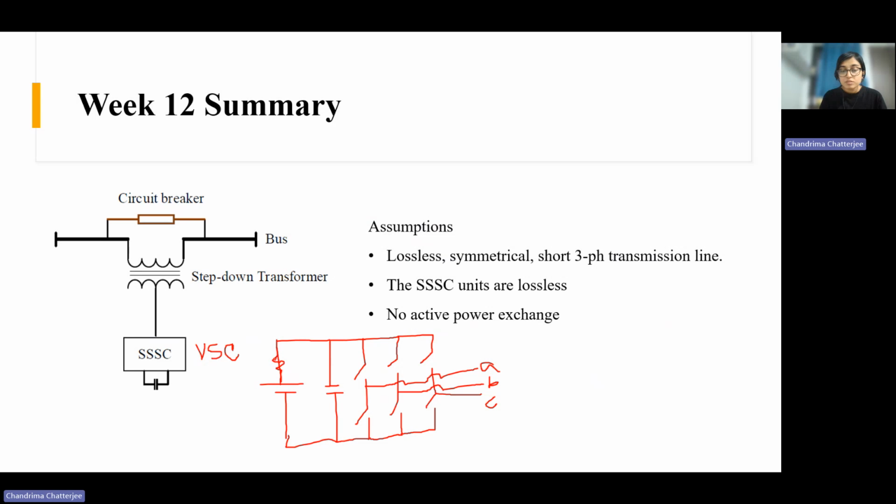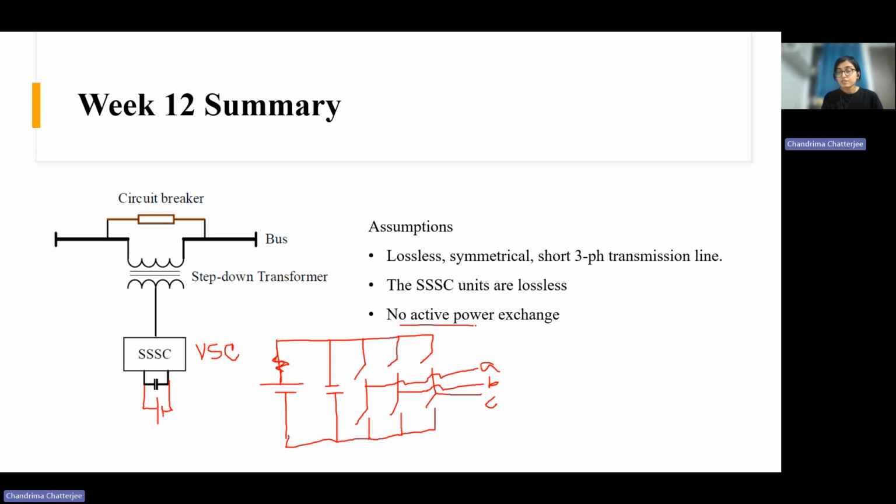Here if you see, for the SSSC, there is no active source. There is no battery or DC source connected with the SSSC. Why? Because the SSSC is essentially used for reactive power compensation. If we connect a DC source over here, then we can also do active power exchange. But for now, we will assume that only reactive power exchange happens. That's why there is no active source connected with the SSSC.